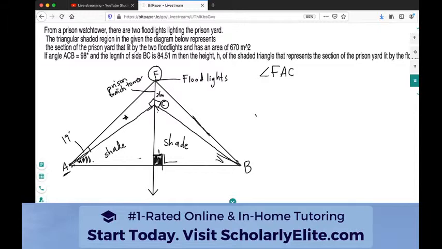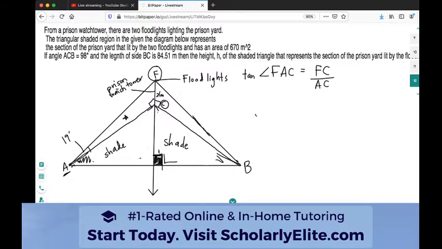If we're looking at angle FAC, I know that tan of FAC is equal to this length, FC, from here to here, over FA, or sorry, AC.